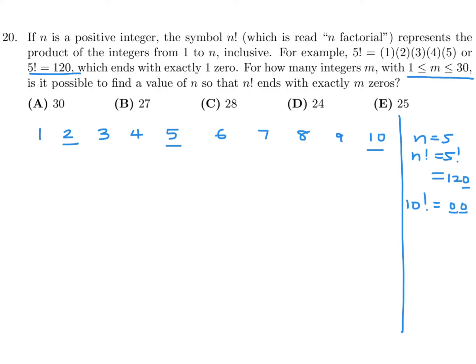Okay? So far, m equals 1 is valid, m equals 2 is valid. You see what I mean? Because that's representing how many zeros. They're saying from 1 to 30, can you find examples of n for which you can have that many zeros? Well, let's see.